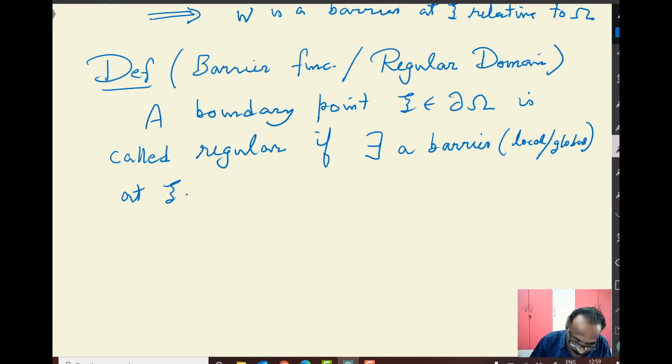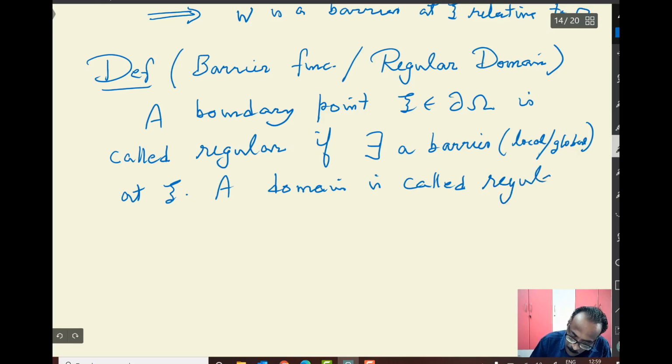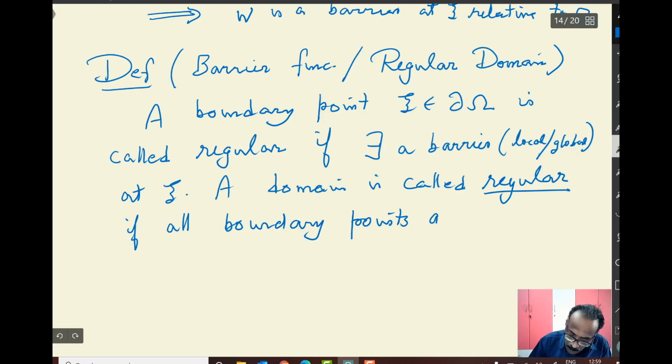A domain is called regular if all boundary points are regular points.